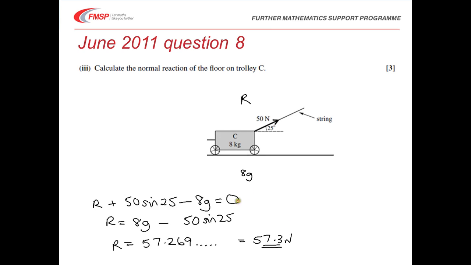Moving on to the next part again, we get one method mark for resolving the forces, and then we get an accuracy mark for getting this line correct, and then an accuracy mark for the final answer. So if you recall, we were resolving the forces vertically for the method mark, correctly putting them in for the accuracy mark, and then obviously working out the correct answer there.